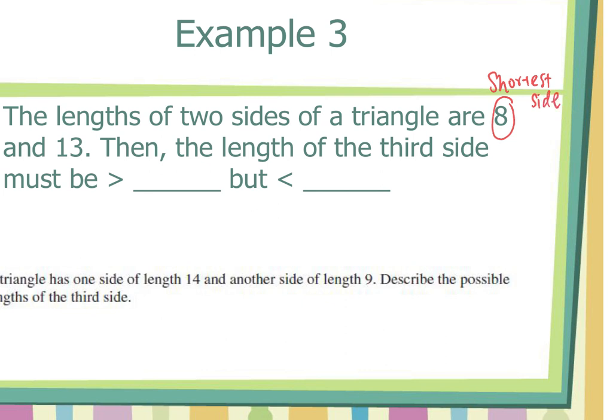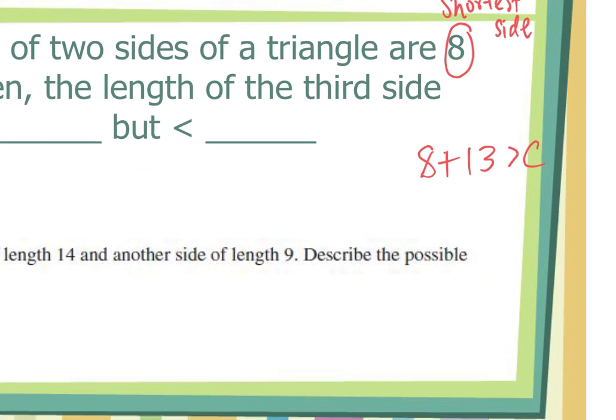So if 8 is the shortest side, then 8 plus 13 needs to be greater than the missing side, which is C.